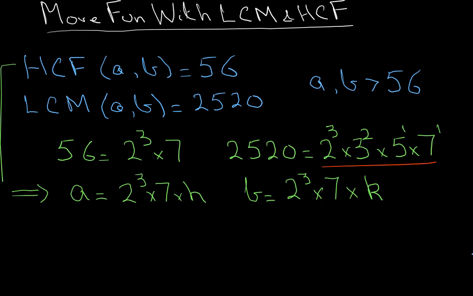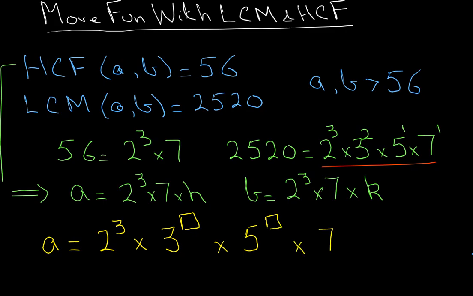If I write down the prime factorization of A, it is going to be 2 cubed into some power of 3, I don't know what it is, so I'm going to leave it blank, into some power of 5, I don't know what it is, into 7 that I already know is at least 1. Okay, so here's 1.